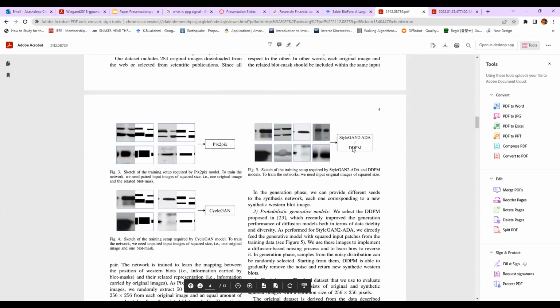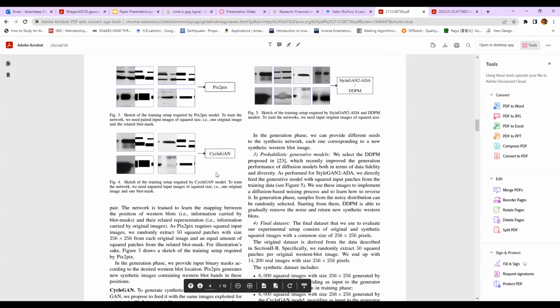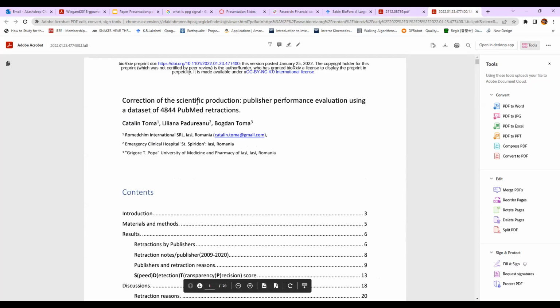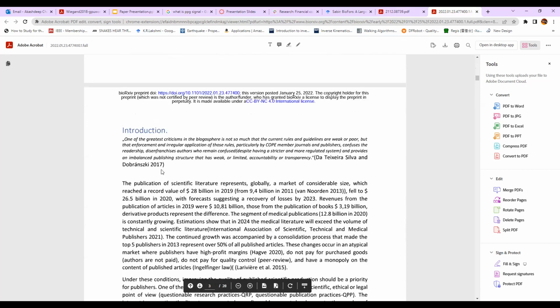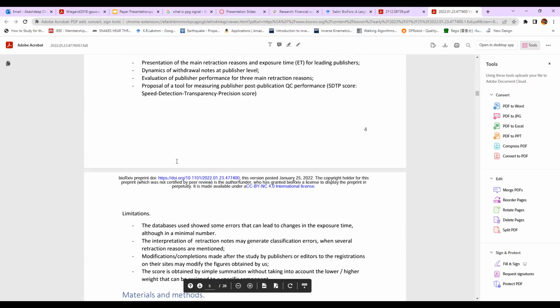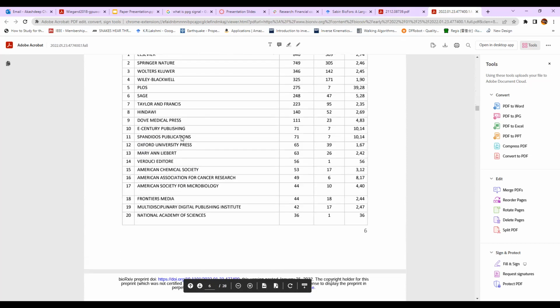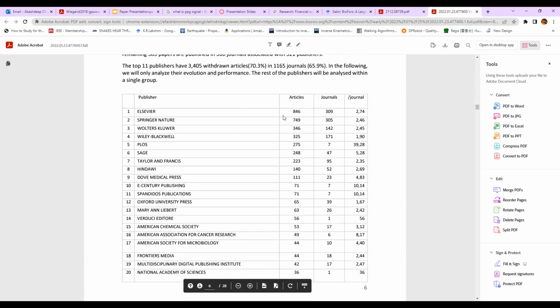Again, like you were saying, sir, StyleGAN 2 replicating all those images is a really concerning factor. And over here in this paper, on PubMed retraction, we can see how many papers have been retracted due to these kinds of manipulation techniques.